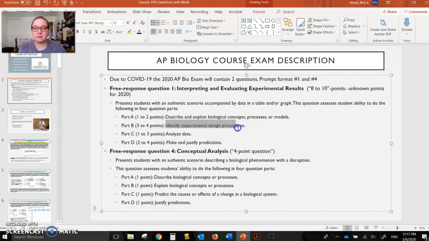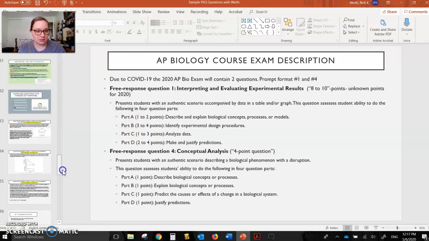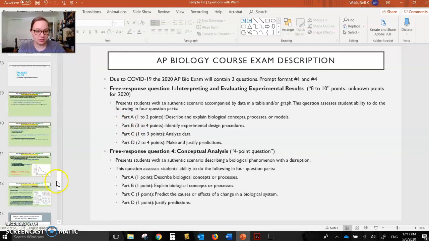B is going to be something about the experiment: controls, independent, dependent variable. C is going to be something about looking at the data of the experiment specifically. And then D is going to be something is changing, make a prediction, and justify with content again while you're doing that. Okay, so let's look at what they ask us just about content on this one.